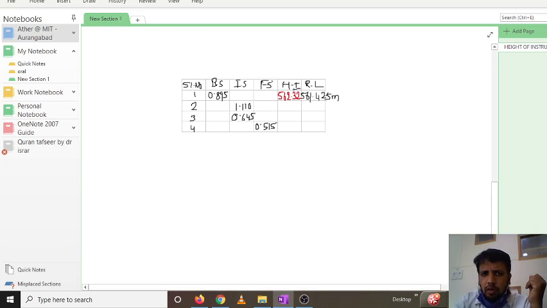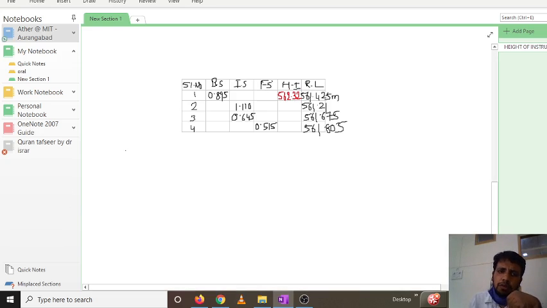The RLs that we have calculated are 561.21, 561.675, then 561.805. Finally, you have to take the check.